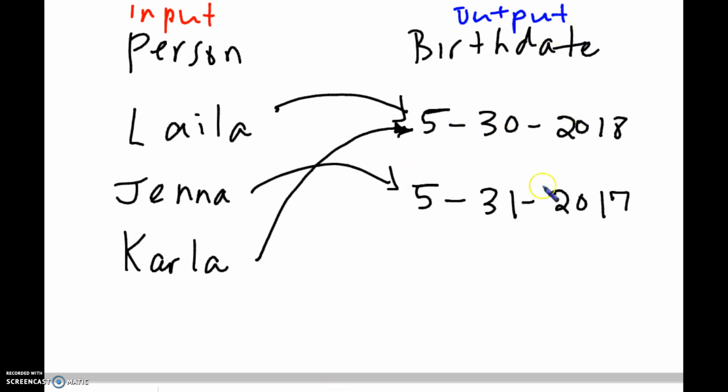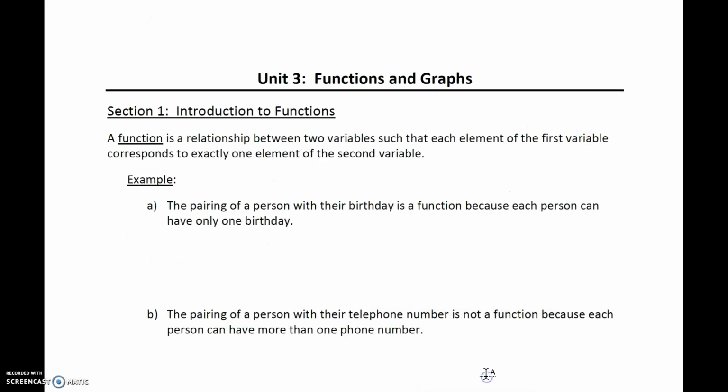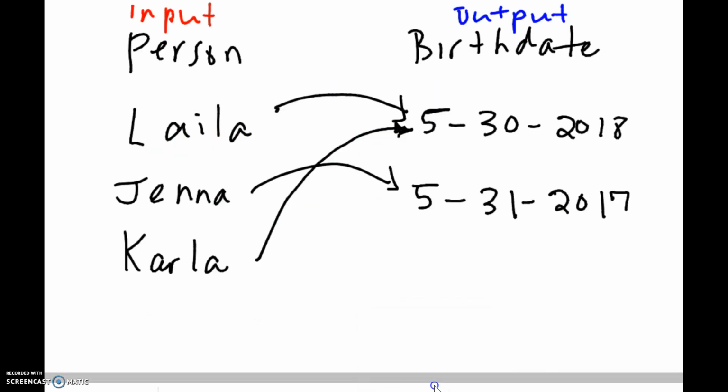In part B, the example that's listed in our notes says a person mapping to their telephone number is not a function. And let's see what that could look like. In this case, the input is the person, and the output is the phone number.